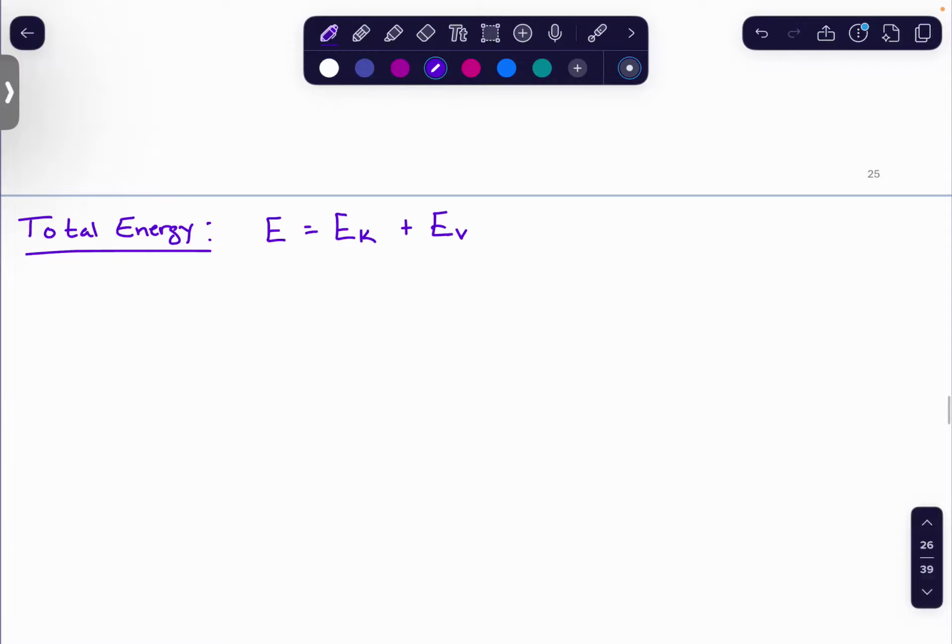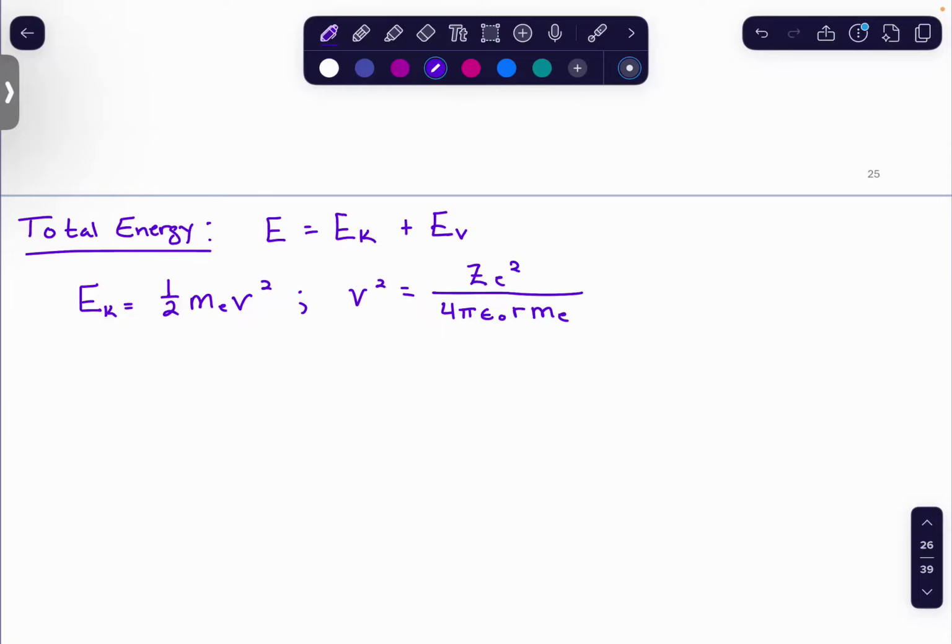Okay, so we remember that kinetic energy is 1/2 mass of your electron v squared, velocity squared. And if you go back above, you remember that v squared is Z e squared over 4 pi epsilon 0 r m_e.